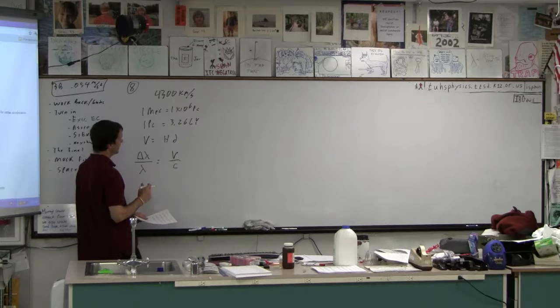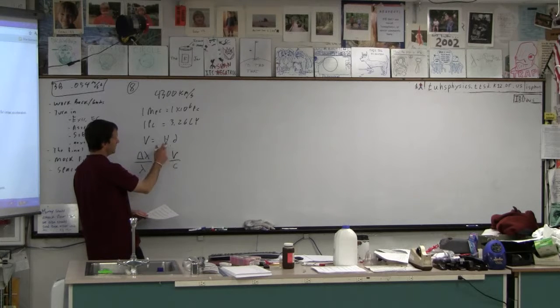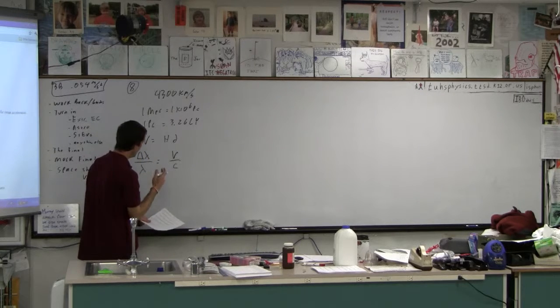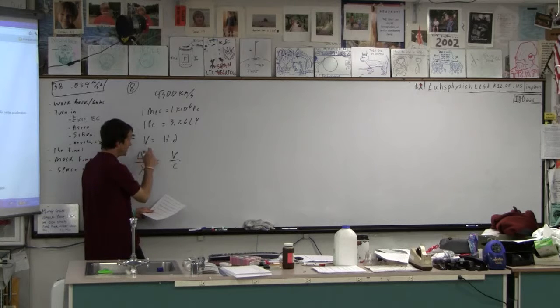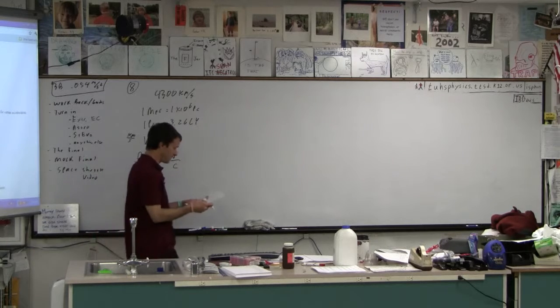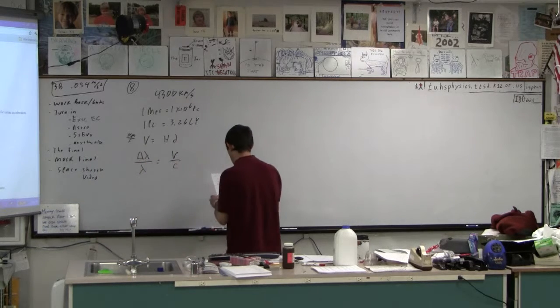The second thing we've got to be careful about is that this velocity here is actually in kilometers per second. A lot of people missed this, I think, on the quiz. So we've got to make sure that these are either both in meters per second or both in kilometers per second. I'm not sure right now which one I'm going to choose. We'll do whatever makes sense.